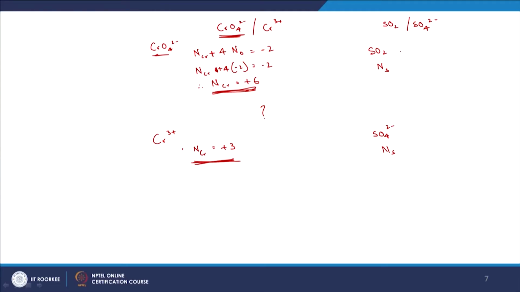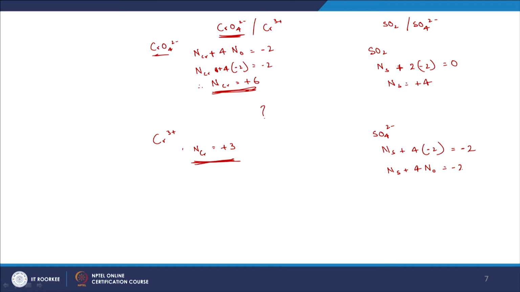So again, coming back to this particular case, for the sulfur, plus 2 times -2 is equal to 0. So -4, so the oxidation state of sulfur here is +4. And in this case, what is this going to be? Plus 4 times -2 is going to be equal to -2, which is equal to the charge on the particular ion.